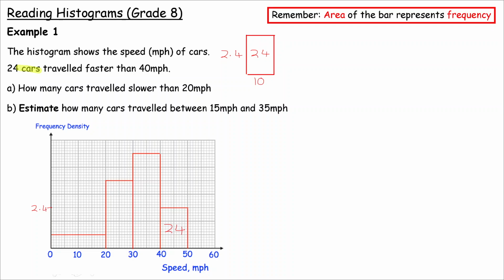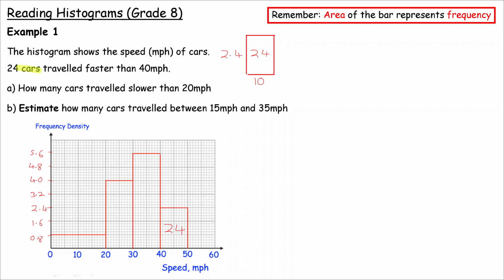So I'm going up in increments of 0.8, then 1.6, 2.4, 3.2. We'll keep going because this might be useful for later: 4, then 4.8, then 5.6. So now I've got my frequency density scale.